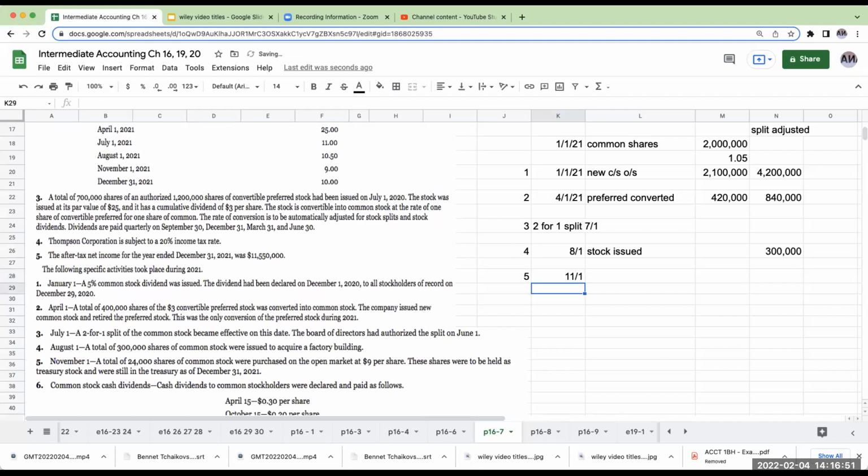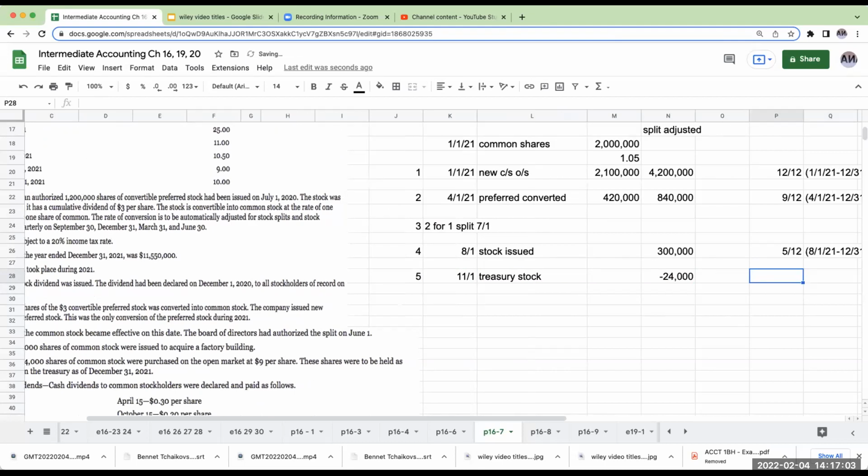So over here in 11/1, Treasury stock, and this is going to be 24,000 shares. We're going to show that as a negative amount. And also, we're going to have to remember that this is going to be outstanding for 2/12, or over here from 11/1/21 through 12/31/21.